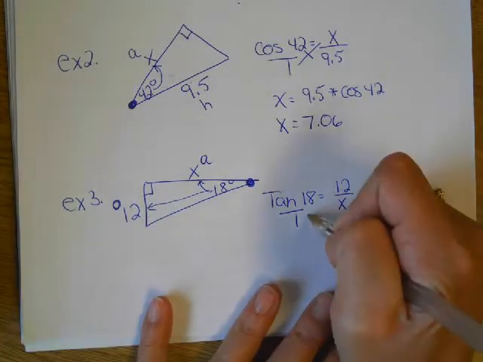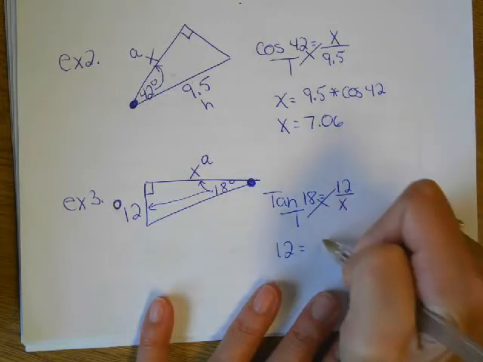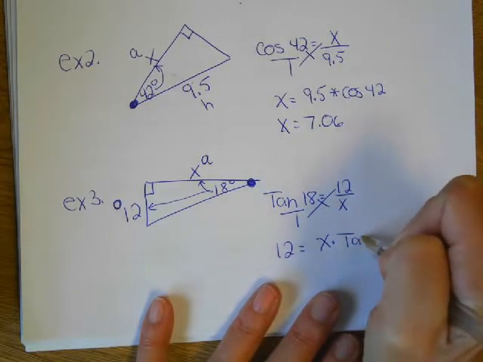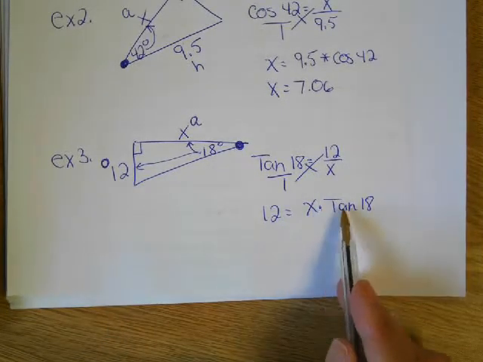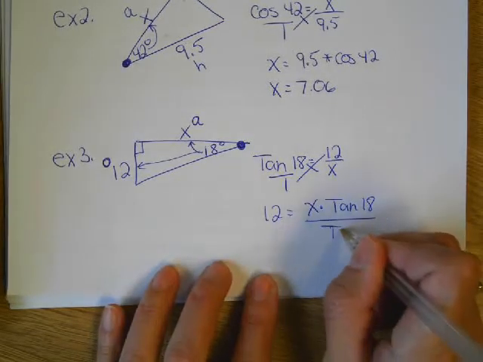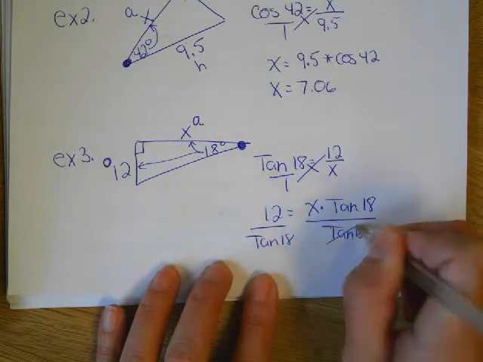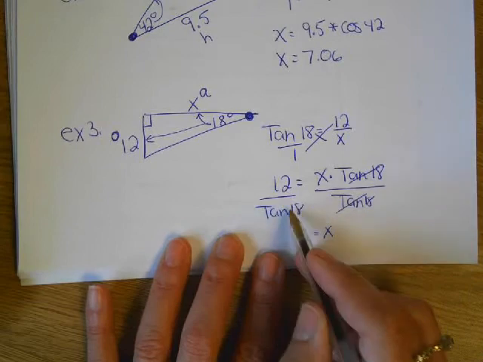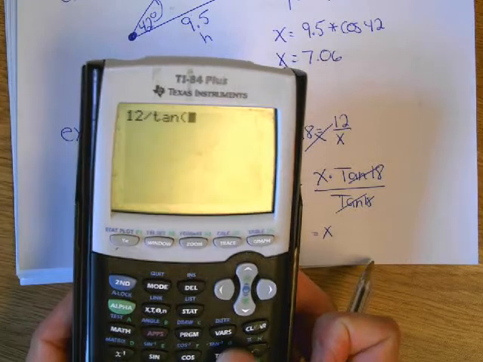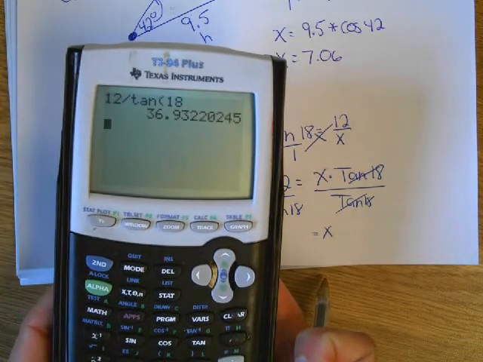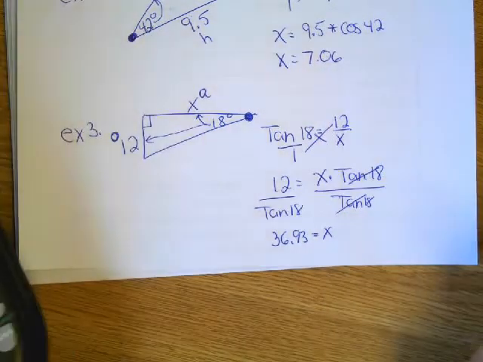Doesn't matter which one I do first. 1 times 12 is 12. Then it's x multiplied by the tan of 18. Solving for x, I've got to divide by the tan of 18 to get x by itself. And now you pick up the calculator. 12 divided by the tan of 18, 36.93.